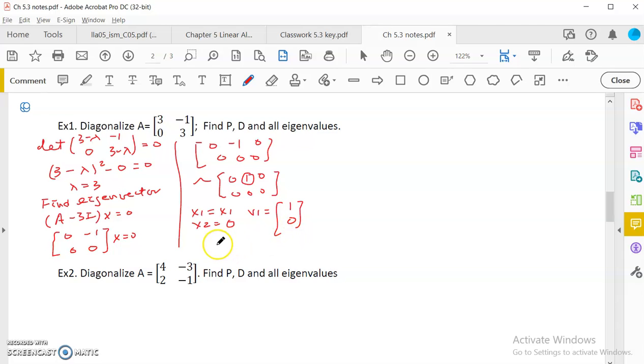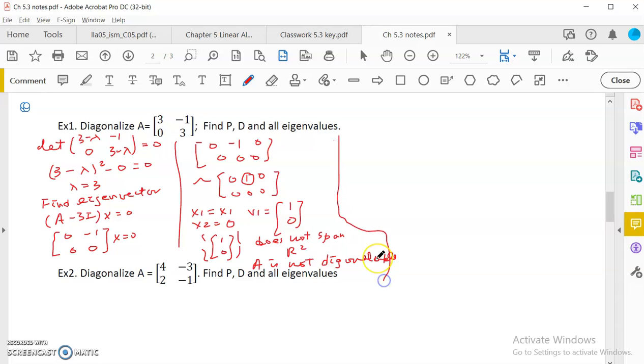This matrix only has one eigenvector, so (1, 0) cannot span R2. I don't have another one, so A is not diagonalizable. You cannot find two columns. You need at least two columns of eigenvectors, otherwise it's not diagonalizable.